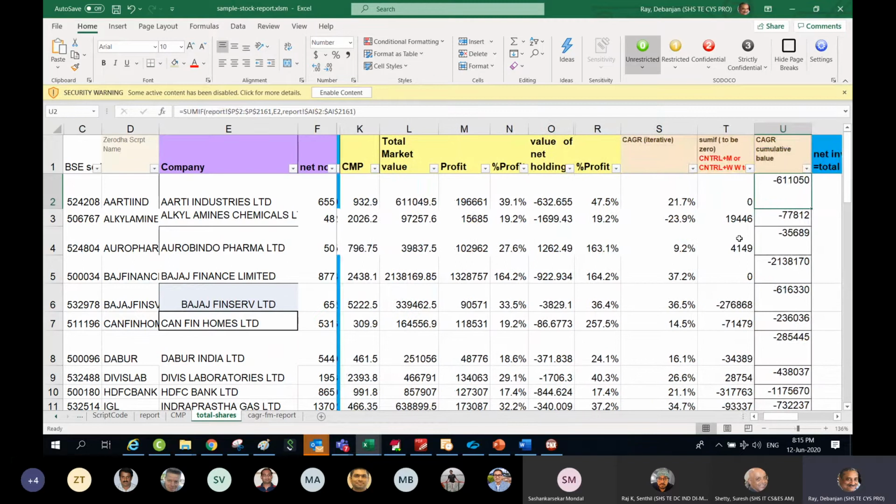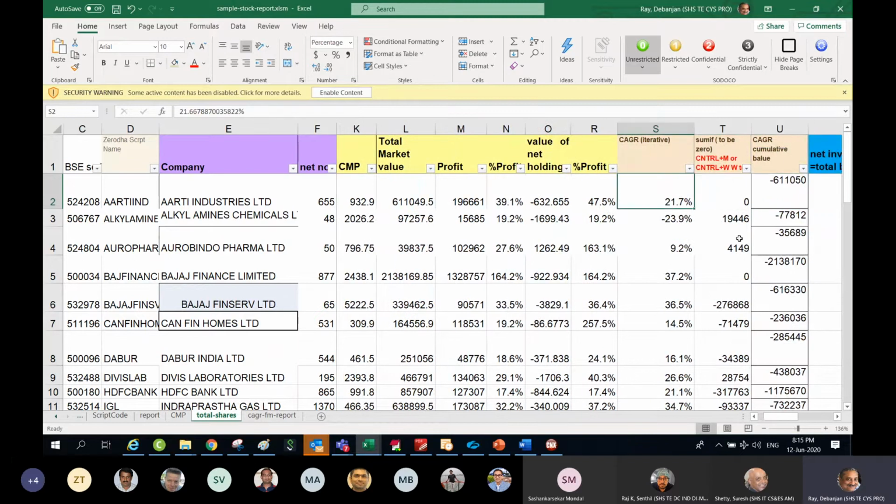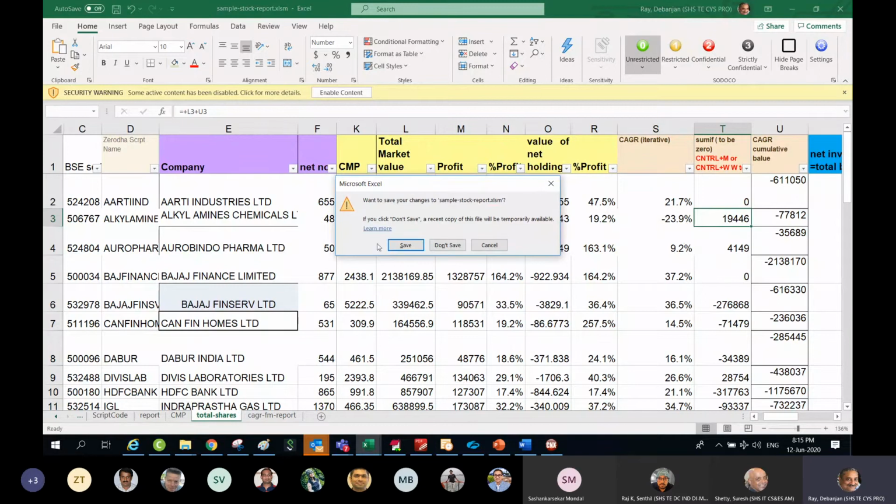And then here the individual CAGR will come, which is a benchmark. Now, I put a macro also, because whenever the price changes, there will be a gap. So when I do a macro run, currently Alkyl Amines is showing this one, okay? And then I will press Control W.